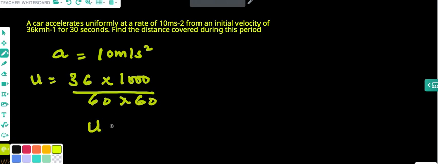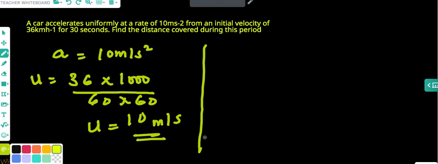That gives 10 meters per second, that's our u. Our time is 30 seconds, so t equals 30 seconds. What other thing? Find the distance. We're looking for s. S is unknown.